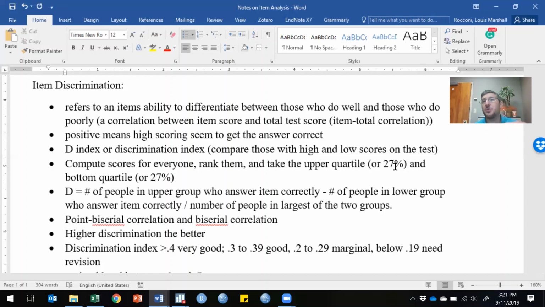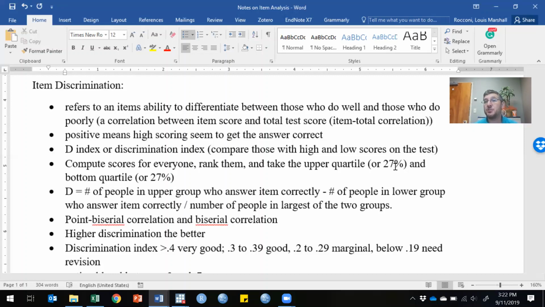So this is the correlation between whether or not you got the answer right or wrong, and the total score. We generally want an item to have a high discrimination, so we're looking for high values here. Since we can think about measuring it with a correlation coefficient, it ranges from -1 to 1.